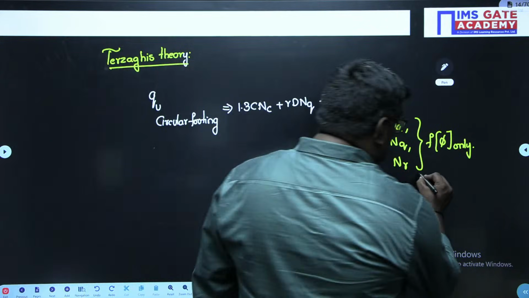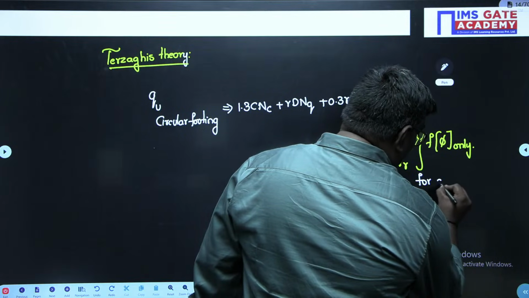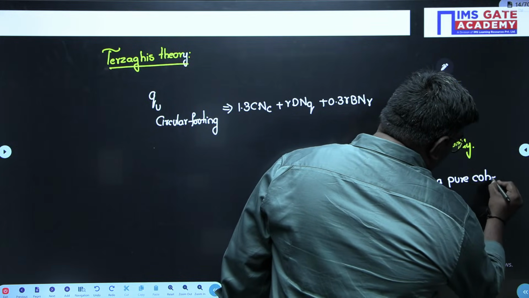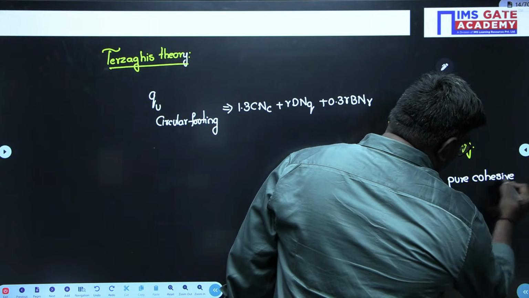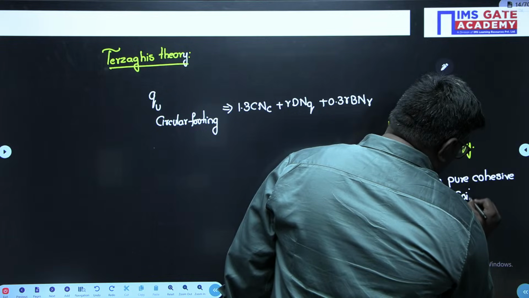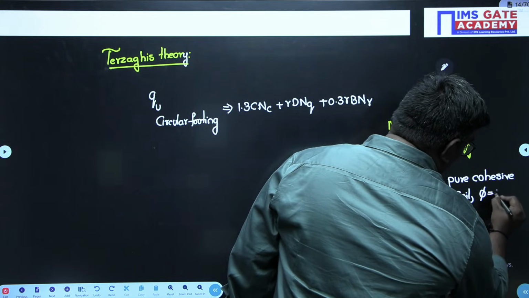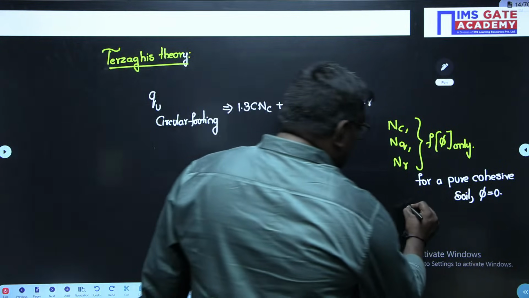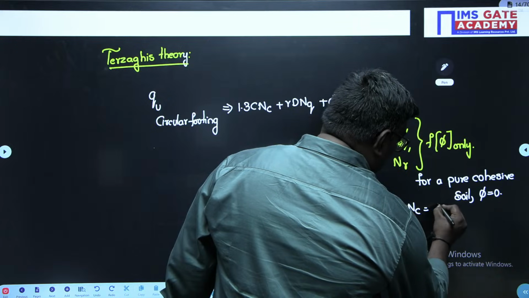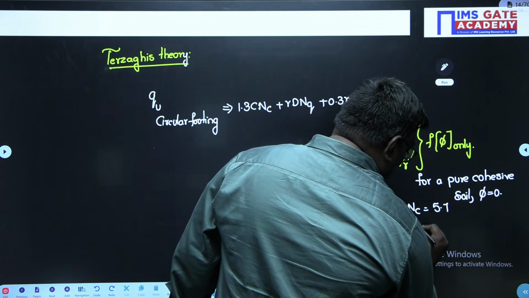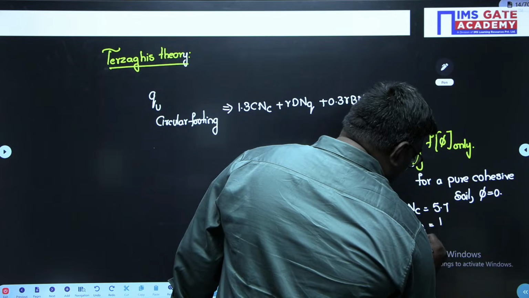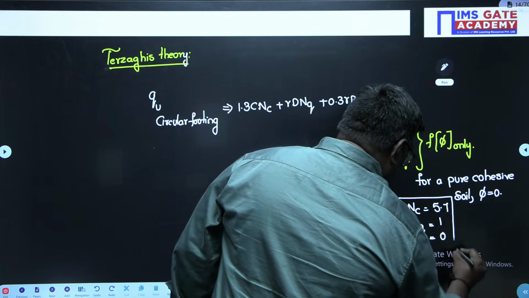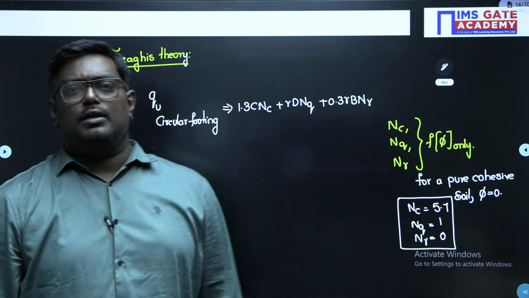For a pure cohesive soil, if phi is equal to 0, NC is equal to 5.7, NQ is equal to 1, and N gamma is equal to 0. These also might be required in your problem solving.